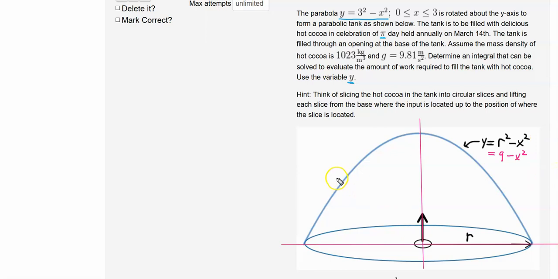Now, we want to take a little slice of hot cocoa here and calculate how much work it takes to move that slice from the bottom up to wherever its position is. This is a three-dimensional rendering here, but I'm just going to draw it like this. Think of taking a slice like this.